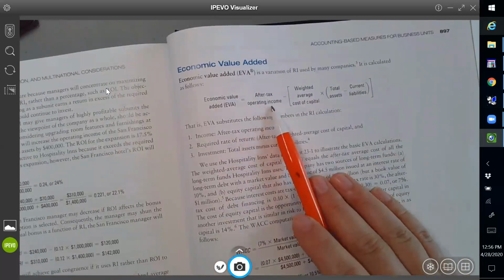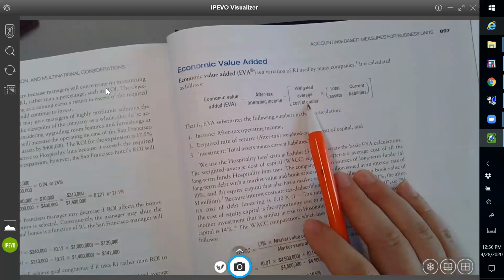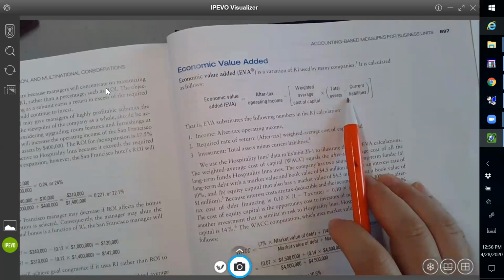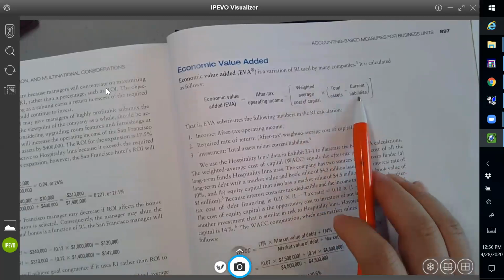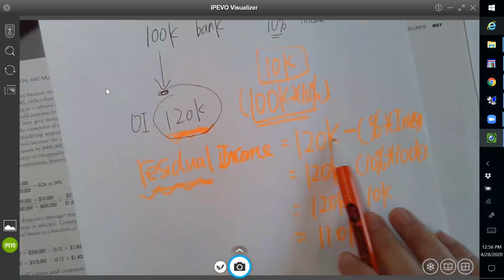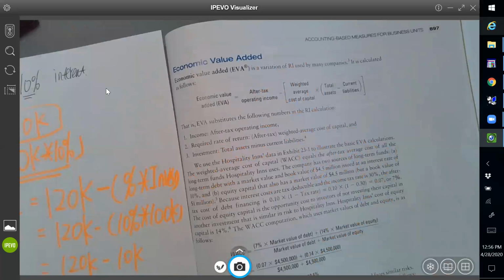Instead of using RR, we use WACC, weighted average cost of capital. Instead of using all the investment, which is total assets, we use total assets minus the current liability. So they carry the same logic, but for EVA, everything is just fancier.